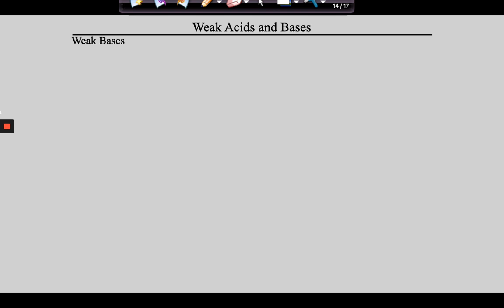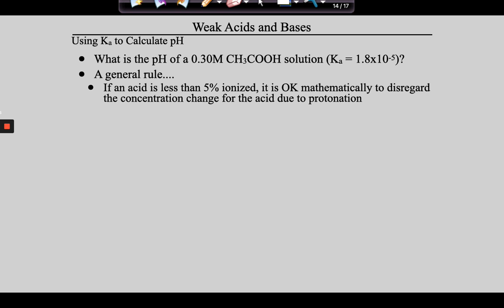Oh gosh, it's not in my notes. Guys, the rule is this. 5% protonation hovers around a Ka value on the order of 10 to the negative third. That's what I was talking about when I shared that value of 10 to the negative third with you. So here's the rule.